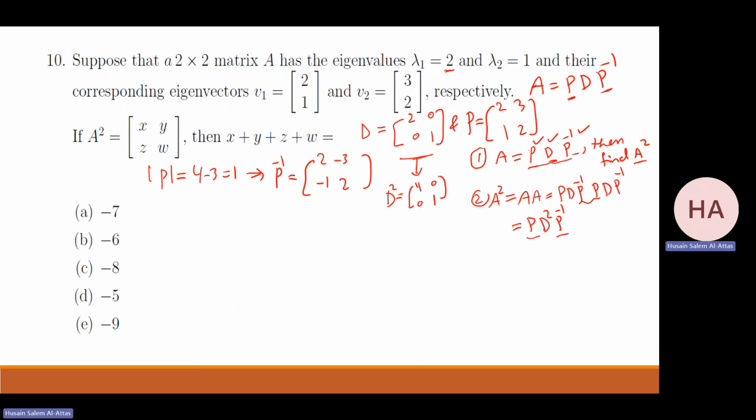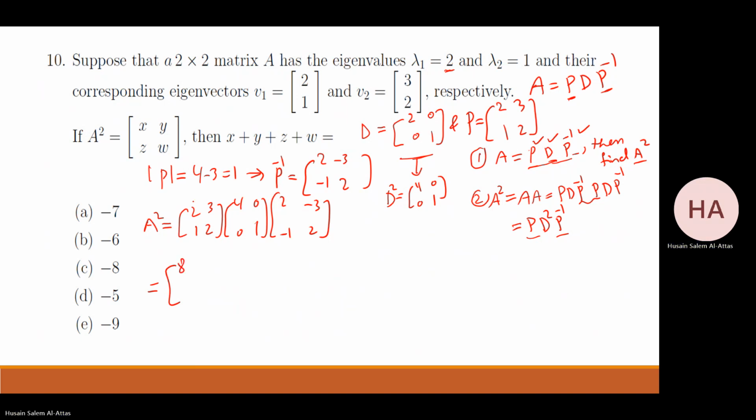So let me say A squared will be P, which is 2, 3, 1, 2, times D squared, which is 4, 0, 0, 1, times P inverse. Now do the calculation. Do this times this. Easy. 1 times the diagonal. That will be 8, and this will be 3.